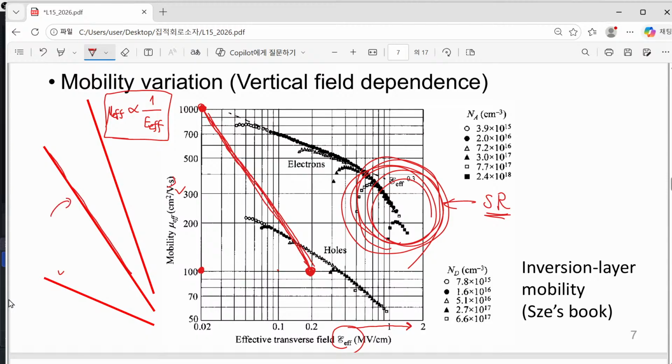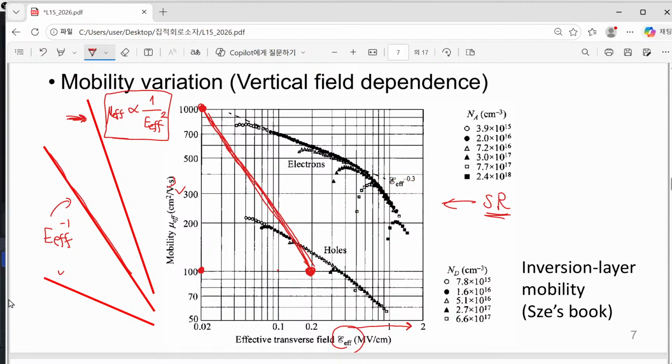This one is corresponding to the inverse of effective field. Then what is this? This guy shows an even steeper reduction of our mobility with respect to the effective electric field. And I remember that this is drawn as just the square of effective field.